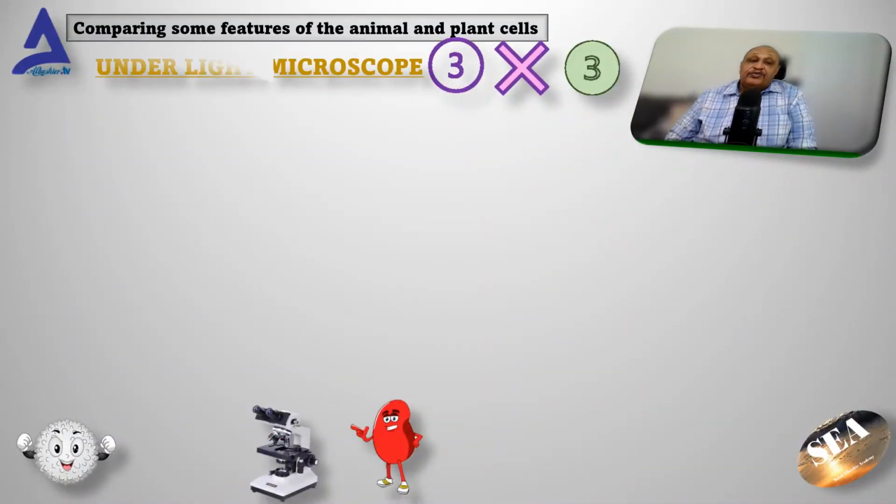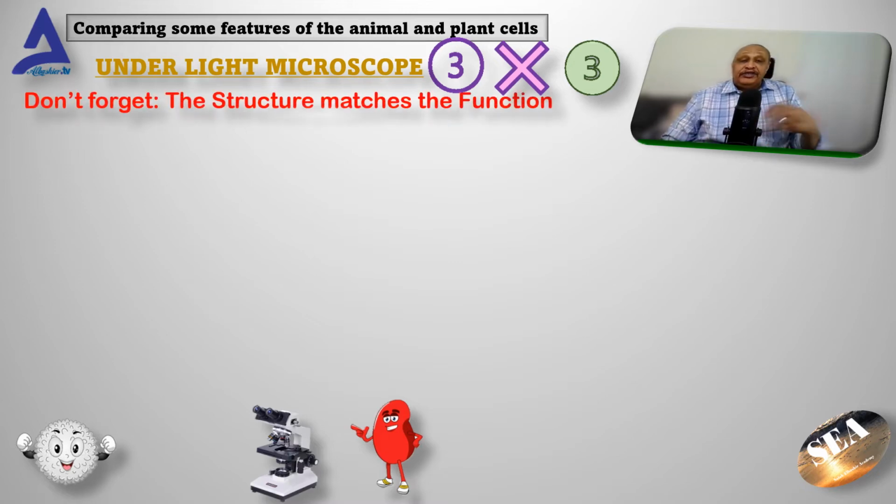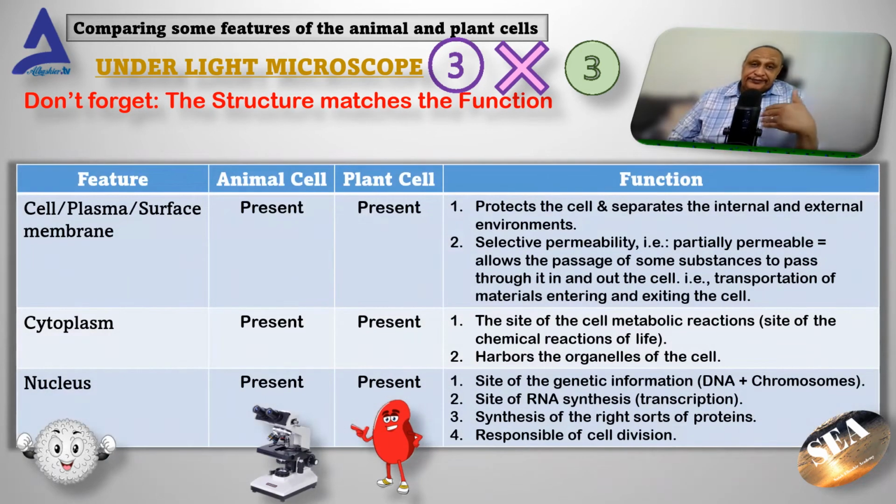In this part, we are going to continue comparing the three similarities: the cell membrane, the cytoplasm, and the nucleus, from the function point of view. Since they are the same, they have the same function in each cell, whether animal or plant.